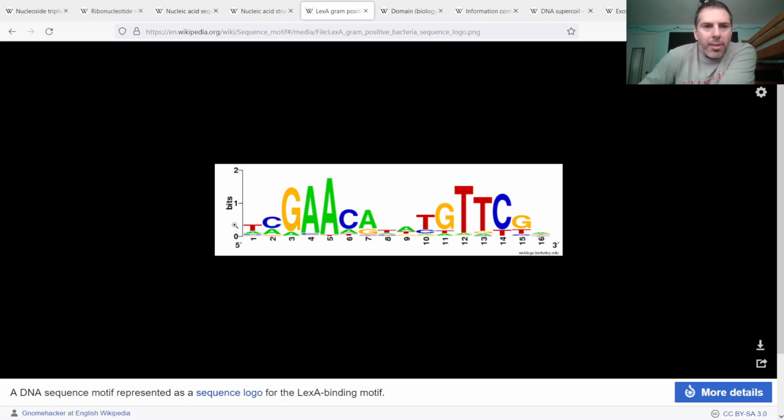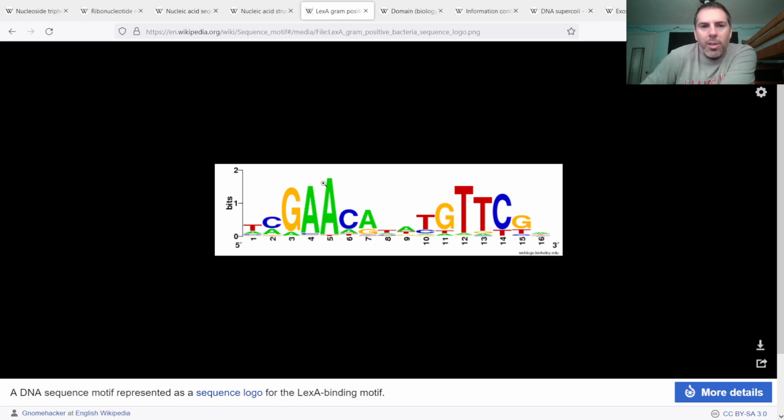And the y-axis is the bits of information or information content. Since there are 4 bases to choose from, and since you already know it's either RNA or DNA, so there's no conflict between uracil and thymine, you know that each position has 4 options, and 4 options means 2 bits. So if there is a position where you're just as equally likely to find any of the 4 possible nucleotides, there'd be no information at that position.